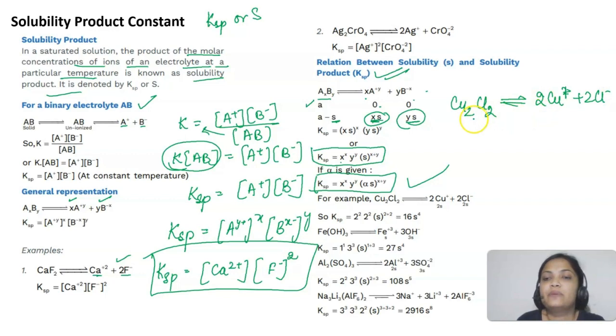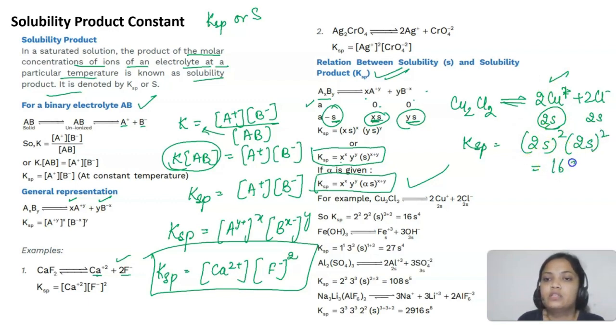Okay. Let's say S is the solubility, तो यहाँ पर 2S हो जाएगा, यहाँ पर 2S. So KSP will be यहाँ पर 2S raised to the power 2 and here also 2S raised to the power 2. So कितना हो जाएगा 4 into 4, 16 S raised to the power 4. So that will be the relation.